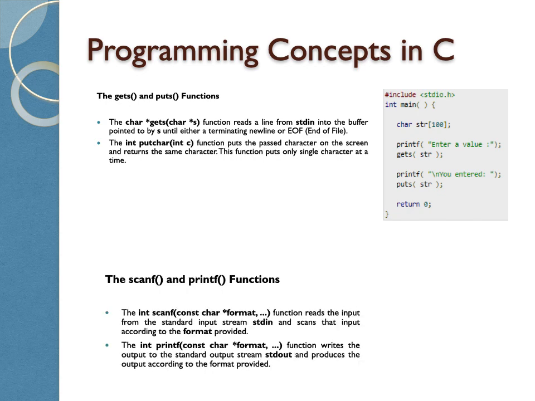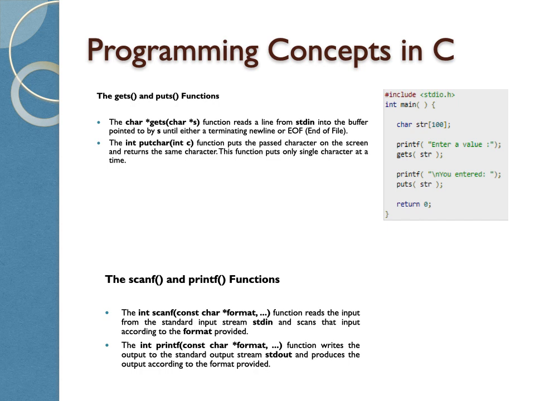The last one is the scanf and printf functions. First we will talk about the printf function. In the C programming language, the printf function is used to print characters, strings, floats, integers, octal and hexadecimal values, and it prints on the output screen. We use the printf function with the %d format specifier. %d is used to print the value of an integer variable. It is a format specifier.